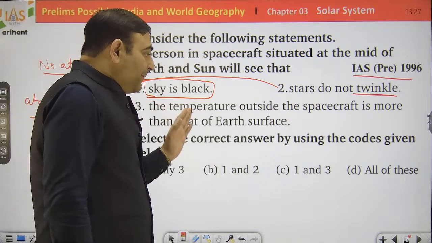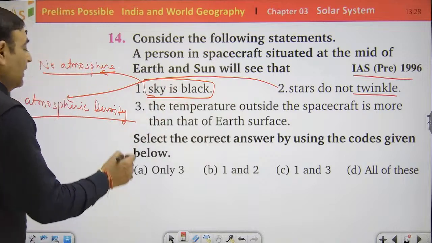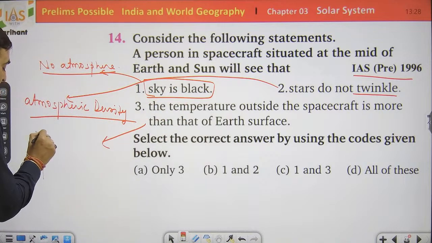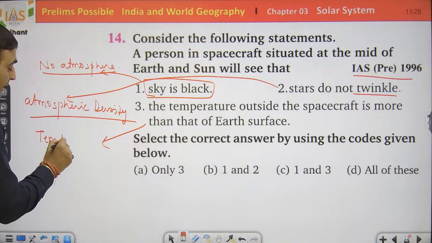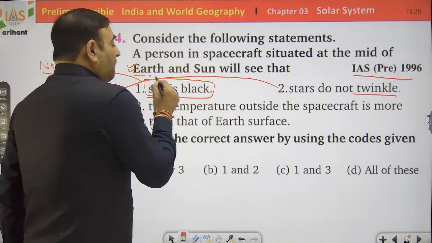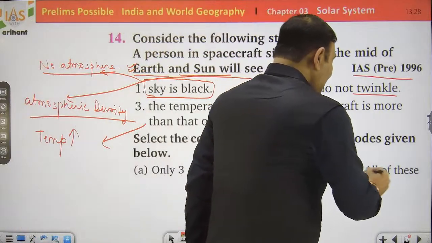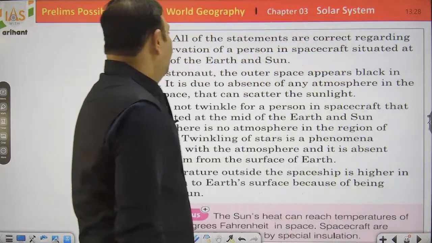Third, the temperature outside the spacecraft is more than that of the Earth's surface. Very good. The temperature is high when the person is sitting between the earth and the sun. Hence, the answer is all of the above.